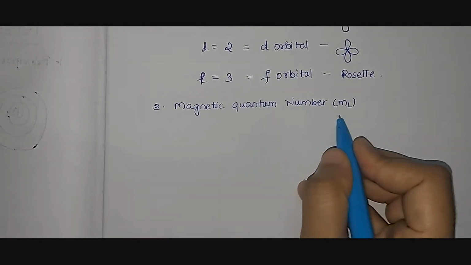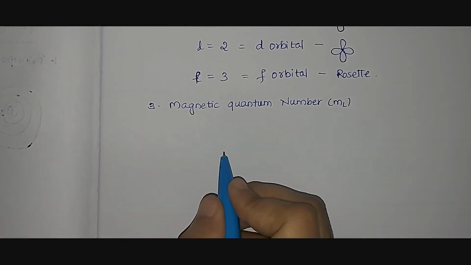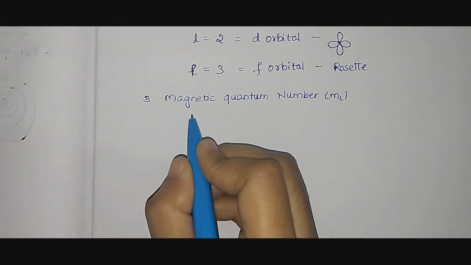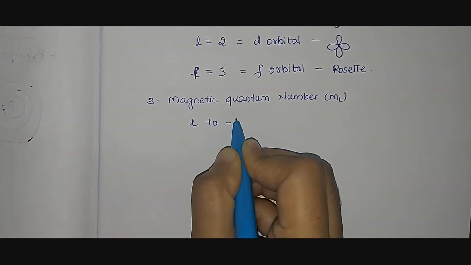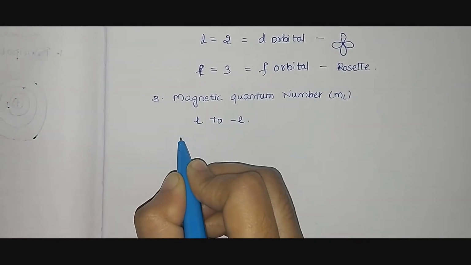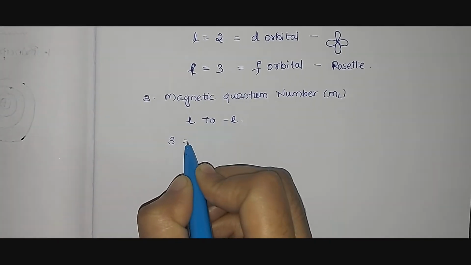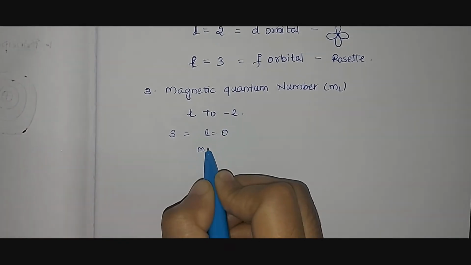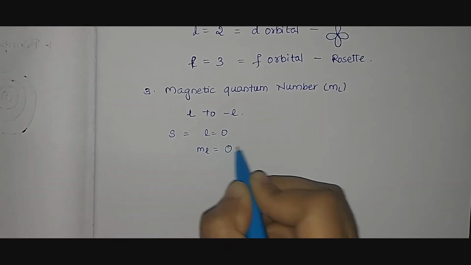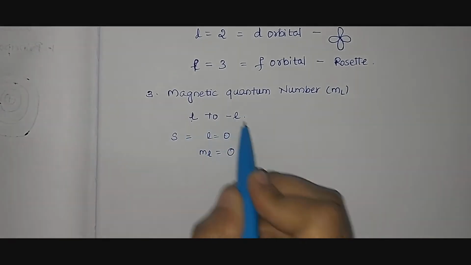Based on this magnetic quantum number, ml has values in between L to minus L. That means if we have an s orbital, since for s orbital L value is 0, the ml value will also be 0. Why? Because it is from plus L to minus L.